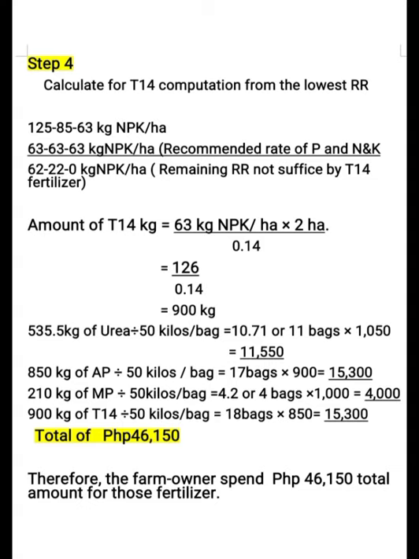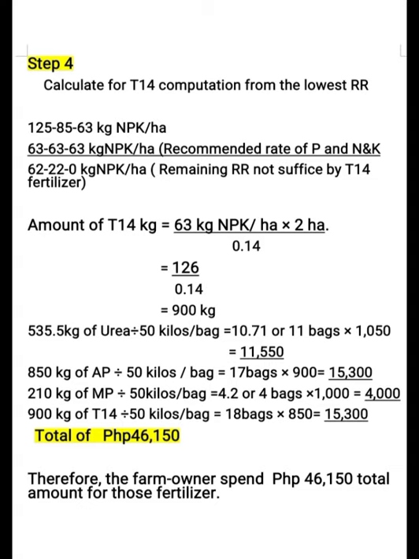Lastly, I'm going to calculate the money spent by the farmer on the fertilizer he used in the field. 535.5 kg of urea divided by 50 kilos per bag is equal to 10.71 or 11 bags.